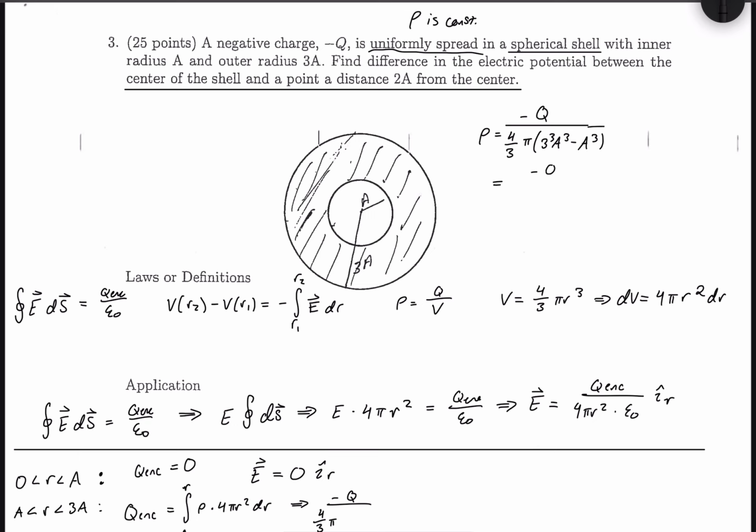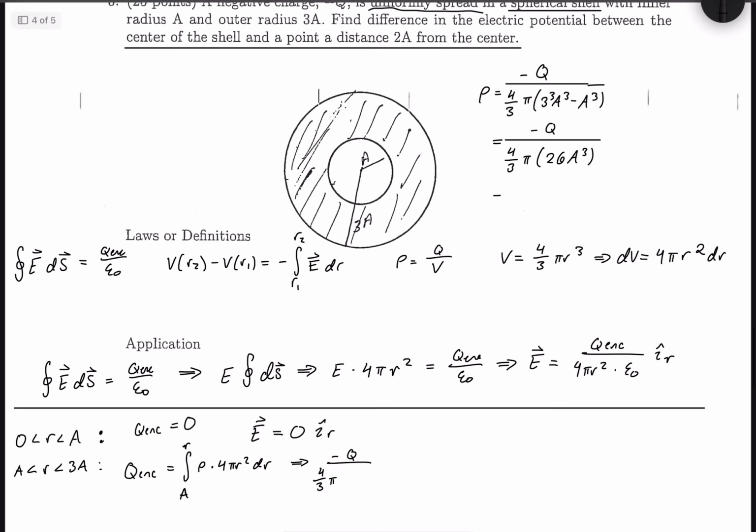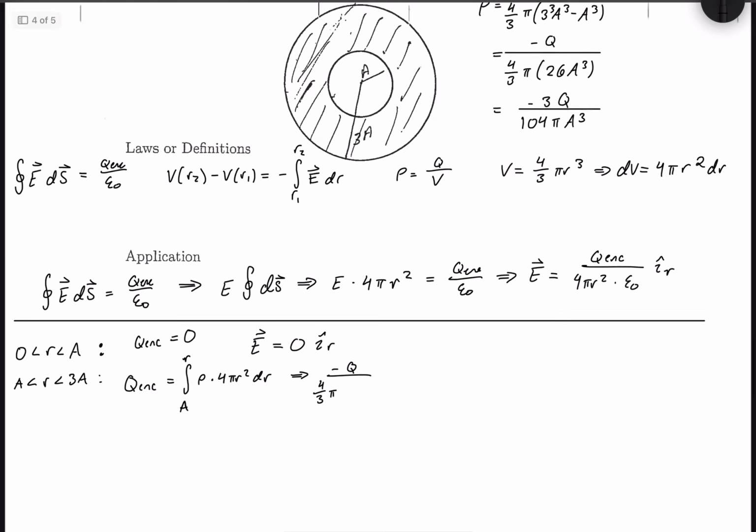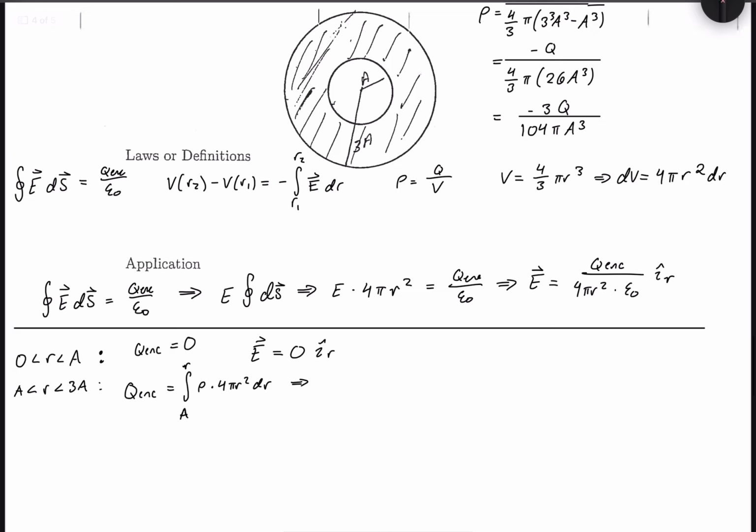That equals negative Q over 4/3 pi times 26 a cubed, which we can evaluate to negative 3Q over 4 times pi times 26 times a cubed, which is 104 pi a cubed. All right, so that's what we end up having for rho. So rho comes out being negative 3Q over 104 pi a cubed.